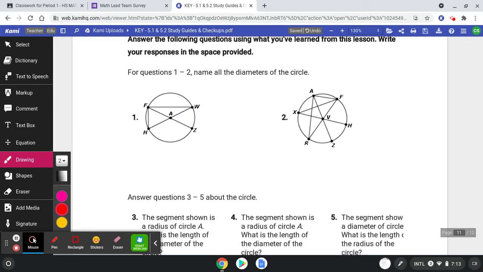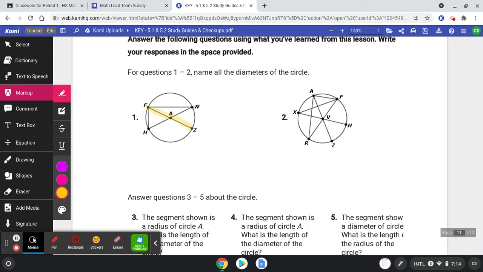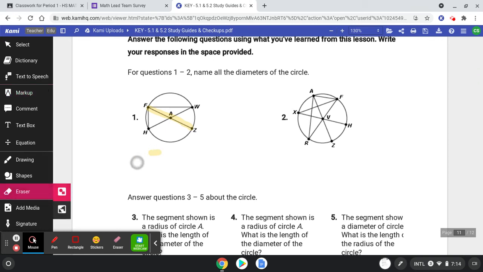So name the diameters of this circle. Can you see those lengths right there? And remember that you can say the letters in both directions. So if you were thinking the letters in reverse of the ones I say here, it's totally fine. So for example, right here, one way of saying the diameter would be FZ.